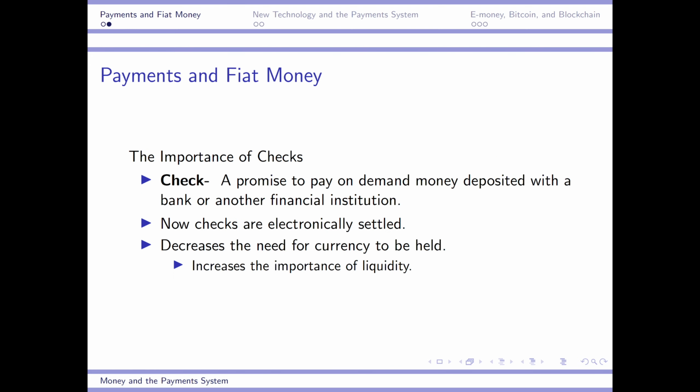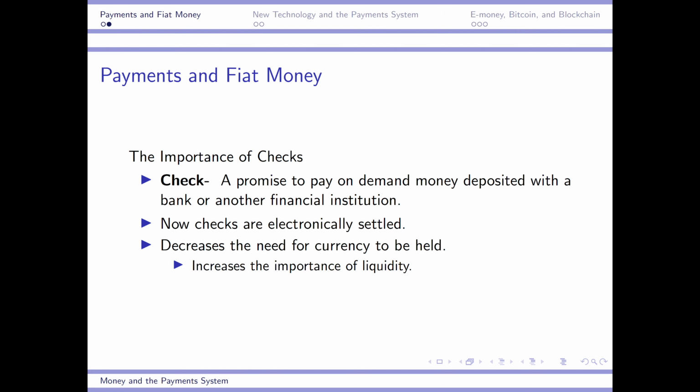Now, something that is maybe a bit vague to some of you is the importance of checks. For those of you that don't know, a check is not actually legal tender or even currency. It is just a promise to pay on demand the money deposited with a bank or another financial institution. So when a family member writes you a check for $50 for your birthday, they aren't actually giving you $50.